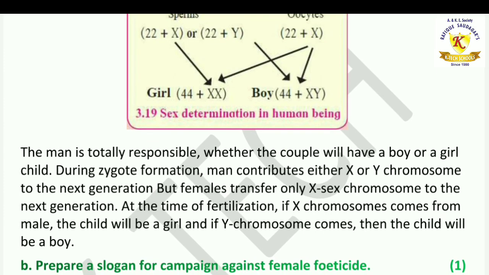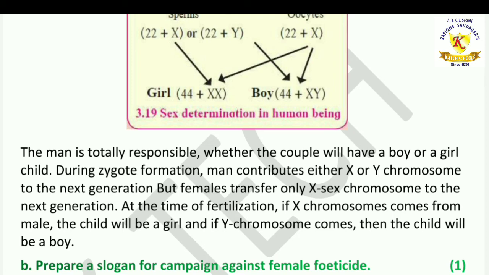Let's look into the explanation. The man is totally responsible whether the couple will have a boy or a girl child. During zygote formation, man contributes either X or Y chromosome to the next generation, but female transfers only X chromosome to the next generation.